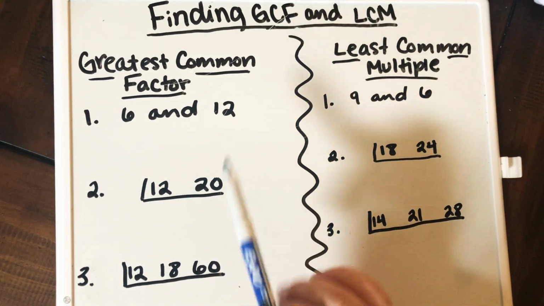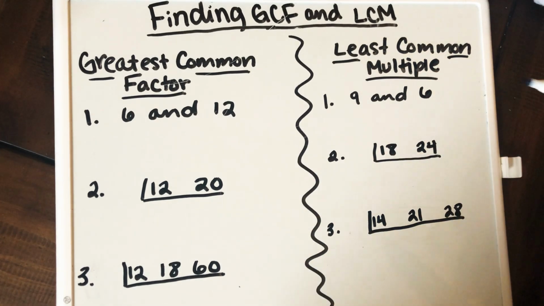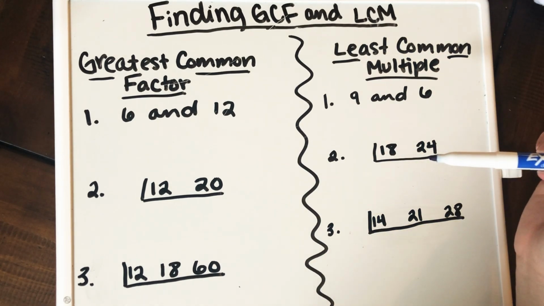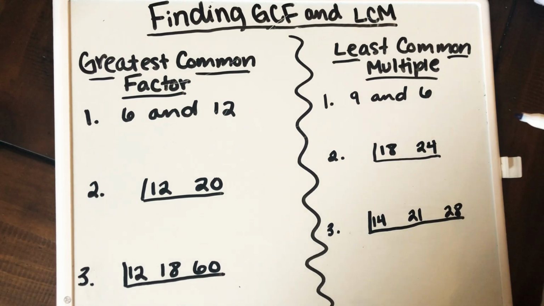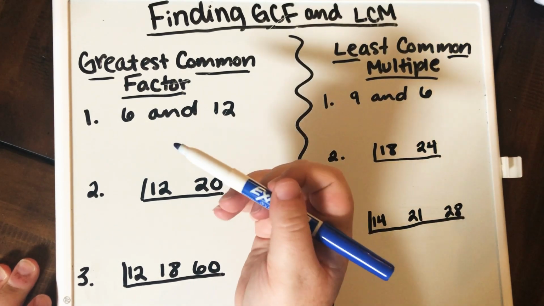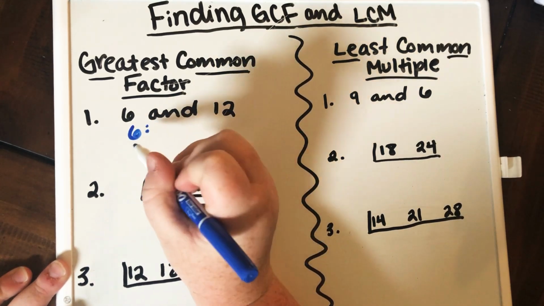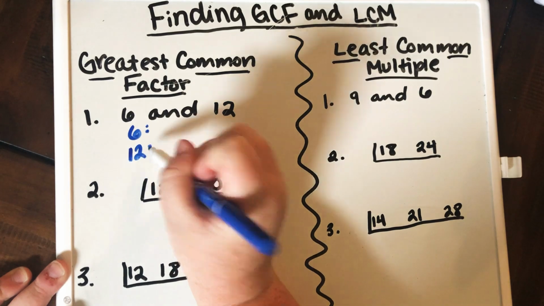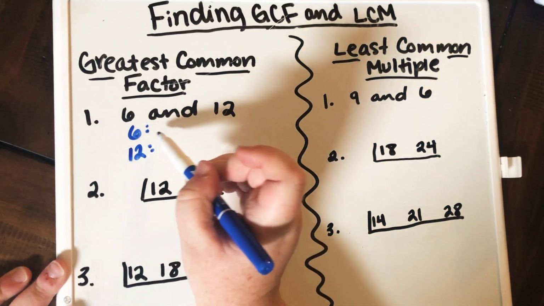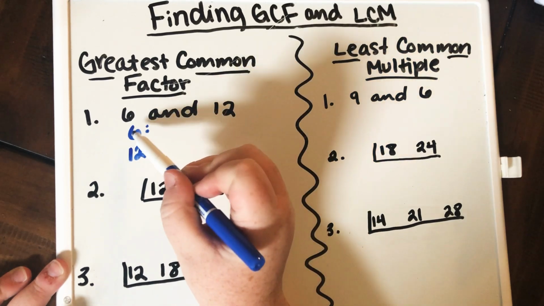We're gonna start by listing out the factors, which is a really long and tedious way to do it, but it's very effective, and some of you may like this method more. So if we're just listing out our factors, I like to start like this, do my 6 and a colon, 12 and a colon, and then I start thinking and listing all of the things I could multiply together to get to 6.